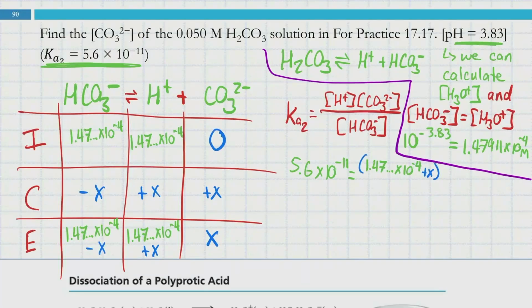Our concentration of carbonate is going to be x. So we'll add another x on top. And then in our denominator, we have 1.47 dot dot dot times 10 to the minus 4 minus x.